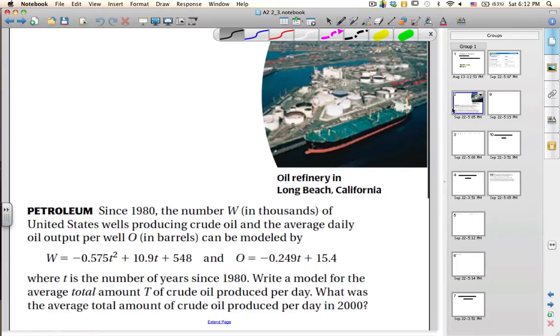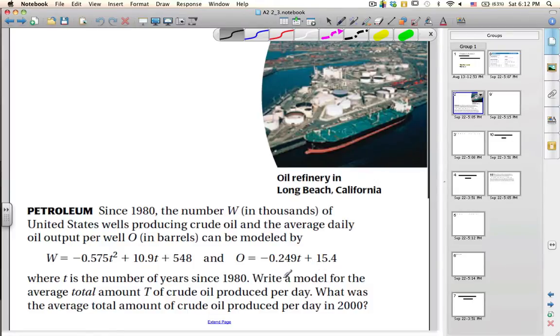So using these skills, we could solve a problem like this one, where we're looking at two polynomials. The first one, w, represents the number of United States wells producing crude oil, and a second one, o, shows the oil output per well in barrels.